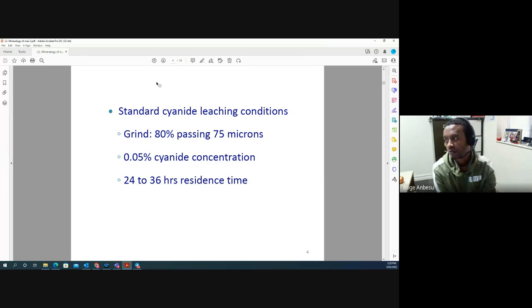For example, we take a sample from our head, and we mill it to about 75 micron, in this case 80% passing 75 micron, and put it through a 0.05% cyanide solution for about 24 hours. And then now you have leached it for 24 hours.